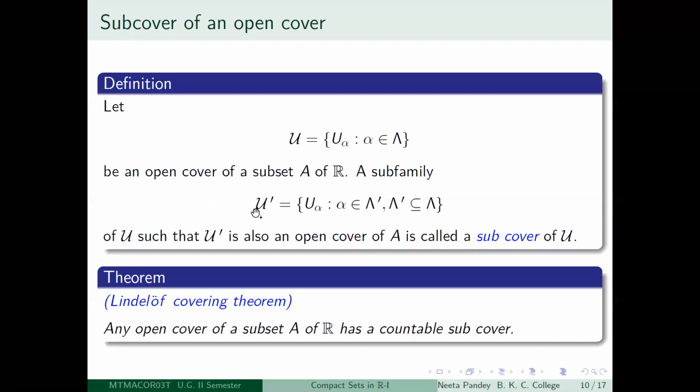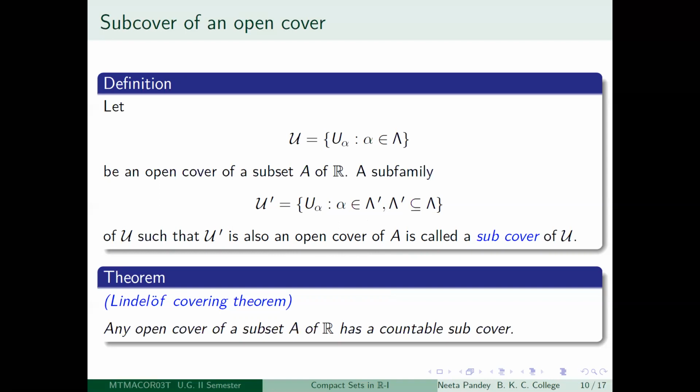Suppose you can construct a subfamily from this new one, so that if you take the union of U alphas where alpha now belongs to lambda prime, that is also an open cover of A, then you will call U prime a subcover. But now the language is something which generally confuses people who look at it for the first time.